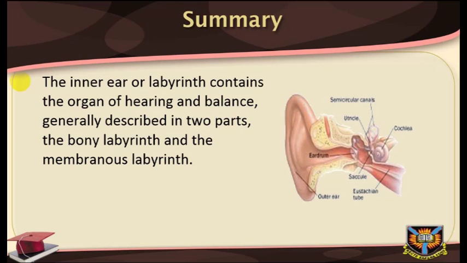The inner ear, or labyrinth, contains the organ of hearing and balance. Generally described in two parts, the bony labyrinth and the membranous labyrinth, the auditory receptors combine, forming the cochlear auditory part of the vestibulocochlear nerve to the hearing area in the cerebrum where the sound is perceived.